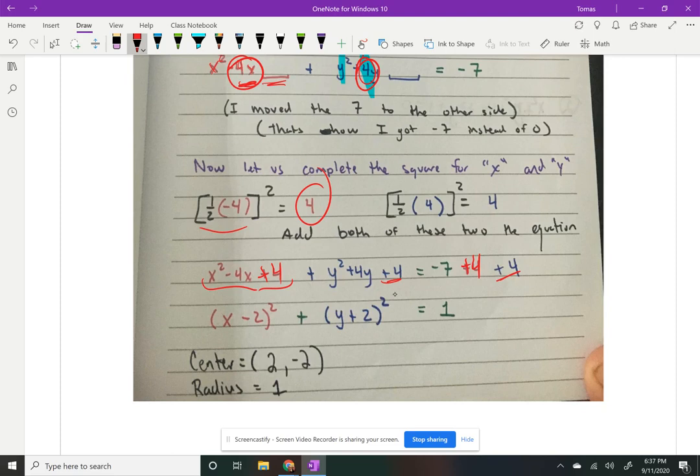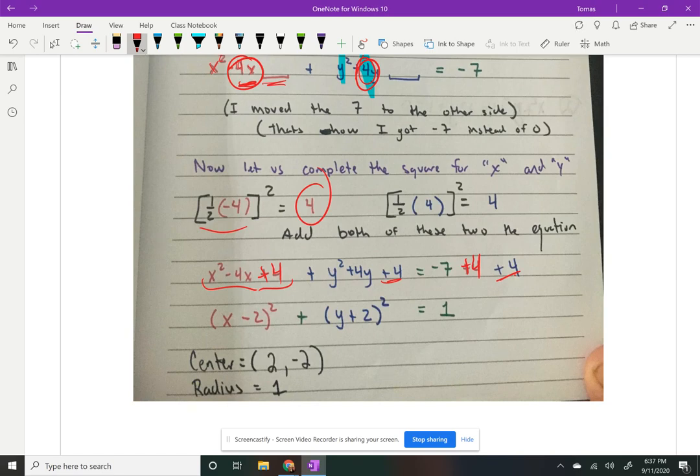I know the two numbers that give me positive 4 here, but when I add them, give me negative 4. And that's my x minus 2. So it's x minus 2 squared. In this case, it would be y plus 2 squared. And then when I add these, negative 7 plus 8 gives me 1.